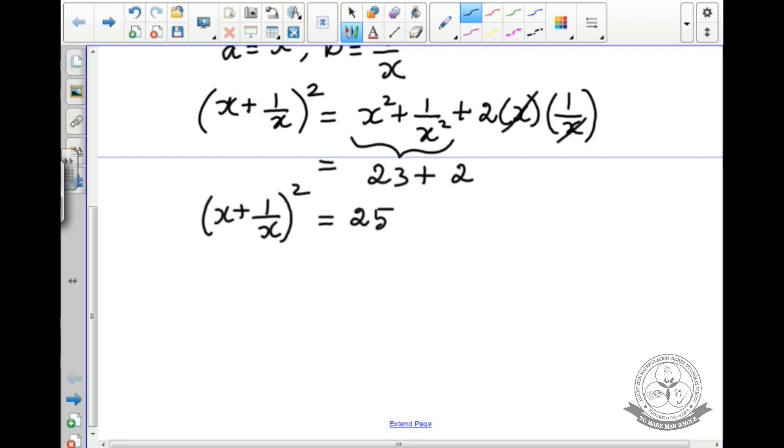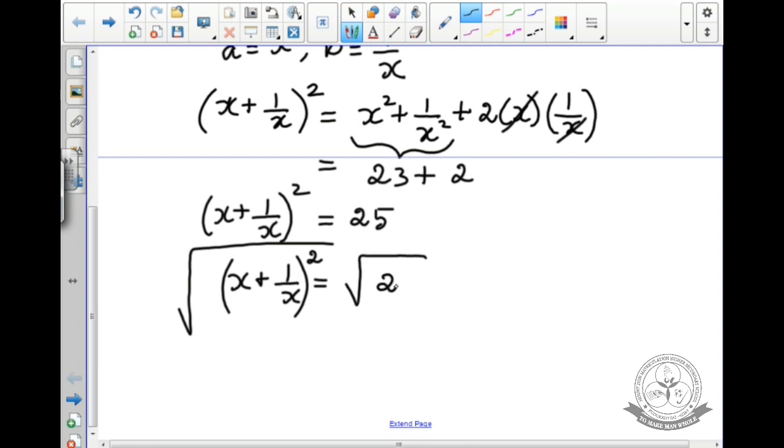But we need only x plus 1 by x, not the square. So what we have to do, you can take the square root. If you take the square root, the square will be cancelled. This side also you can take root 25.